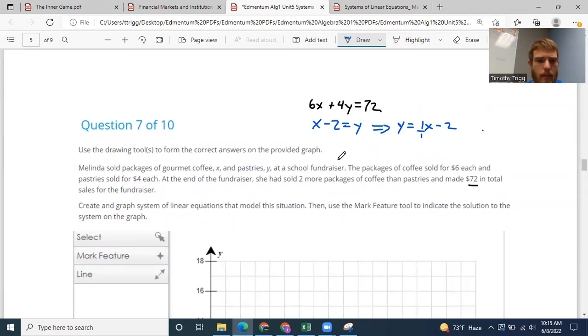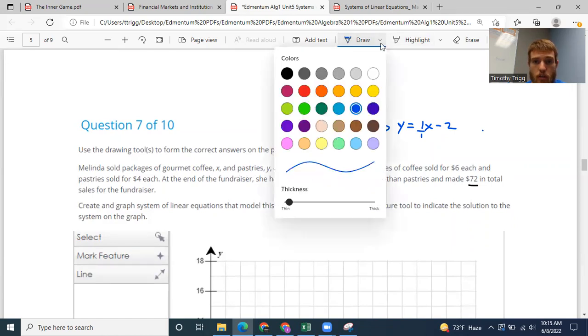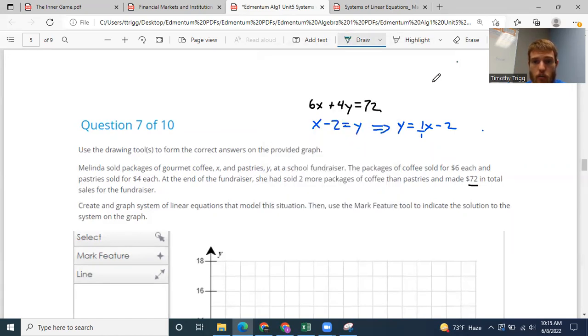But let's see. We'll graph this one in a bit. Let's do the first equation first. My goal here is to get y by itself.